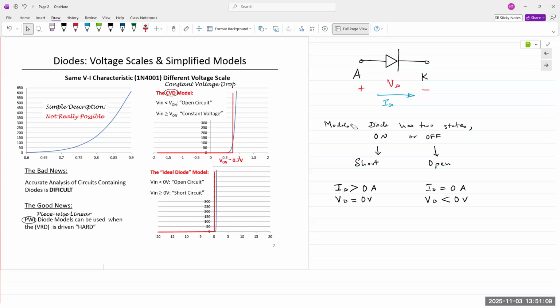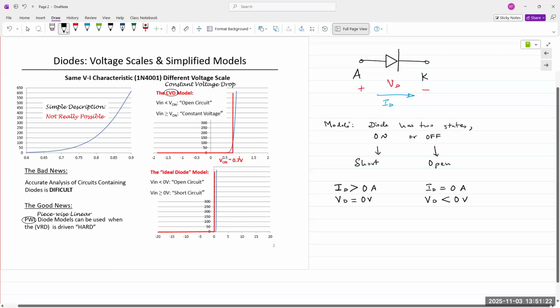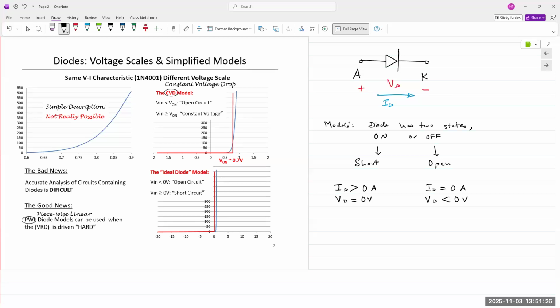Okay. All right. So based on these two states and these statements, let's look at these graphs. Look at the ideal diode first. What do we see? In an ideal diode, the characteristics are shown in red. The one in blue is a real life diode. Real or practical diode. And this is the model.